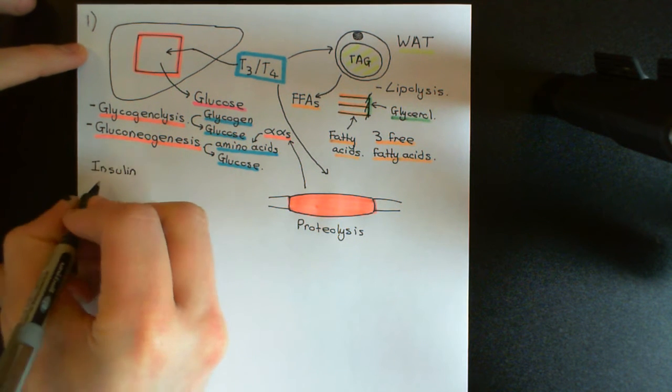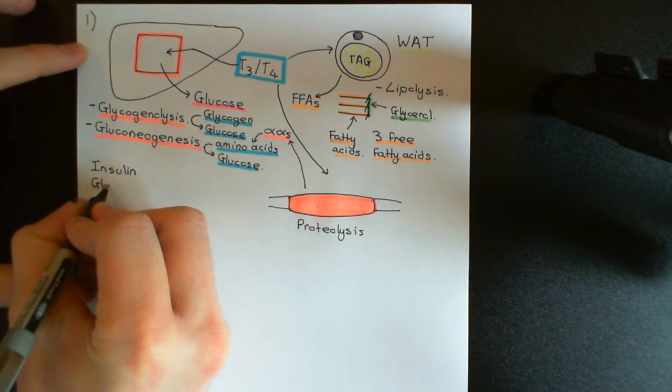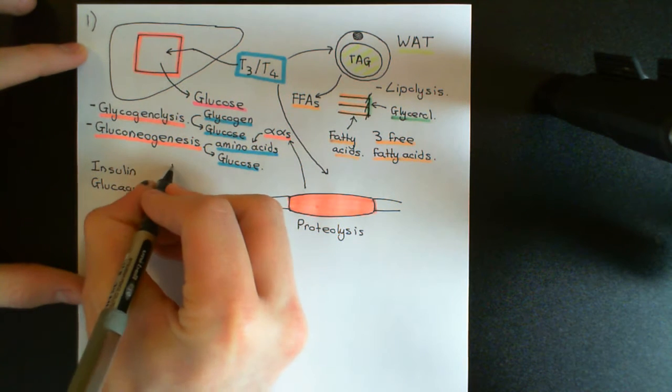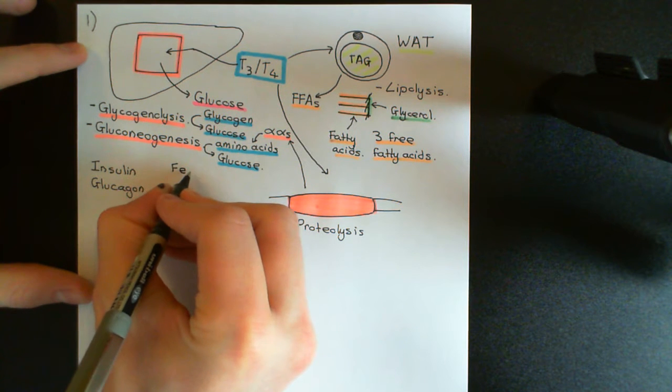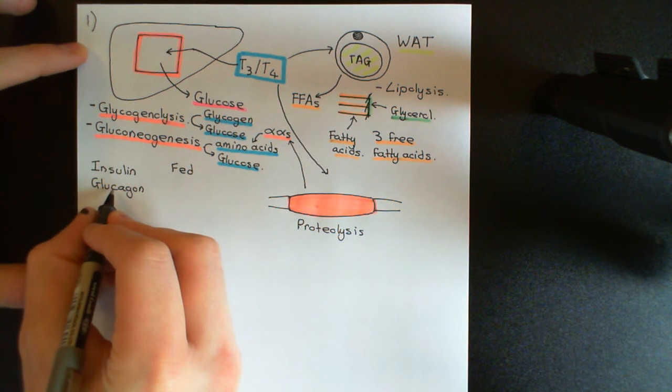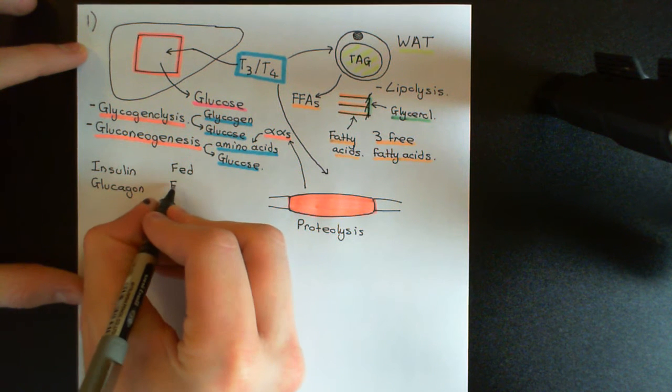So remember, insulin and glucagon, it's like a seesaw, it's one or the other basically. So you switch between an insulin dominance in the fed state and a glucagon dominance in the fasting state.